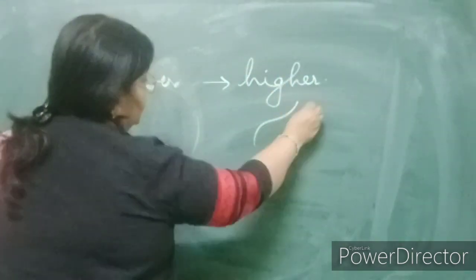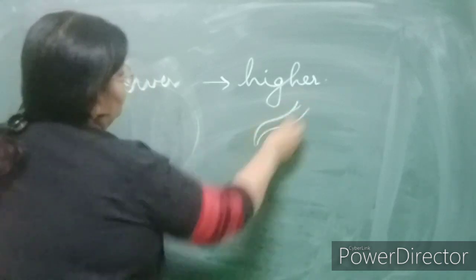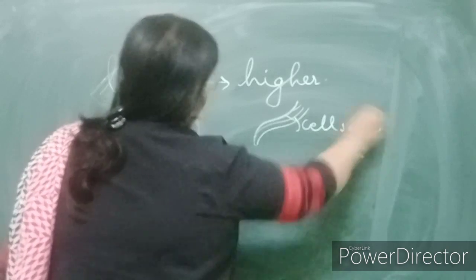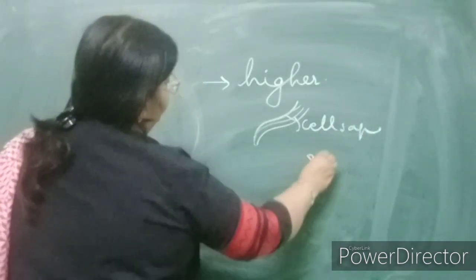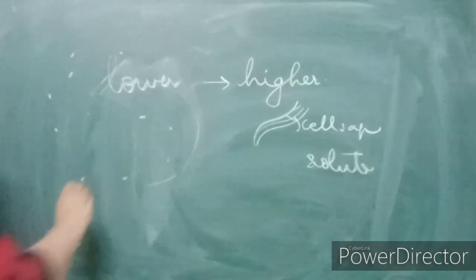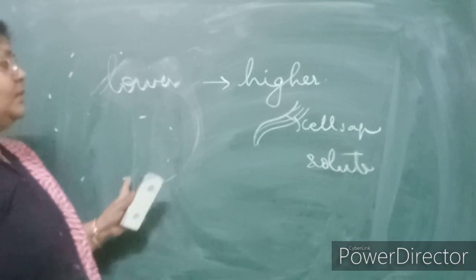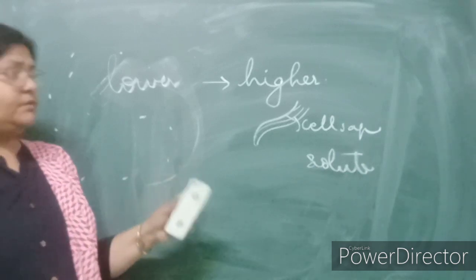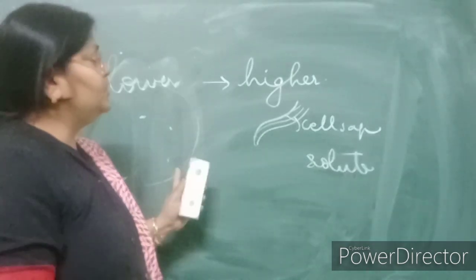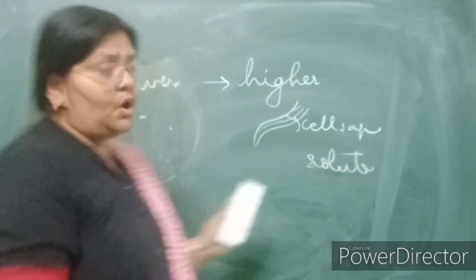That is, if we consider the root hairs, then what happens? The cell sap has a higher concentration of minerals or solute compared to the soil. Now what happens because of the requirement of the plant? It needs the minerals, so it pulls the minerals from the soil.